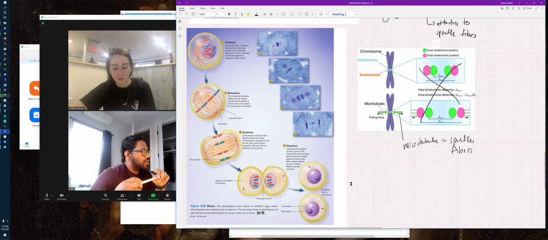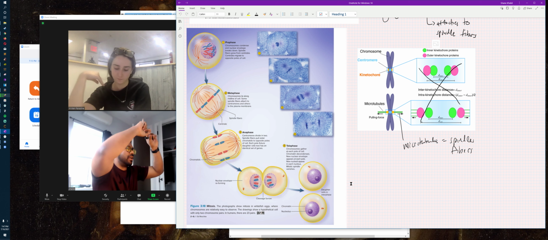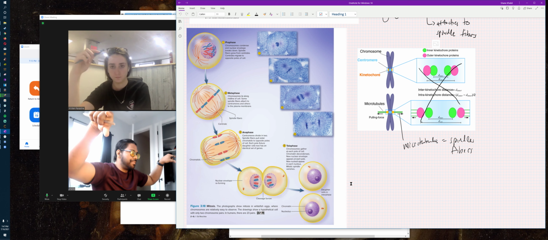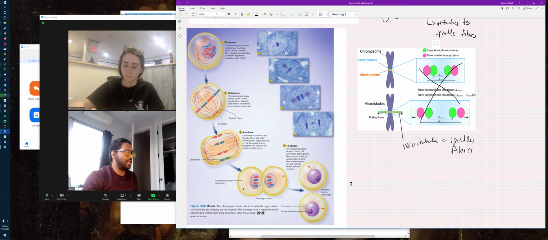So basically in prophase they start to go to the opposite ends, and in metaphase they attach to the kinetochores of the chromosomes that are along the midline.